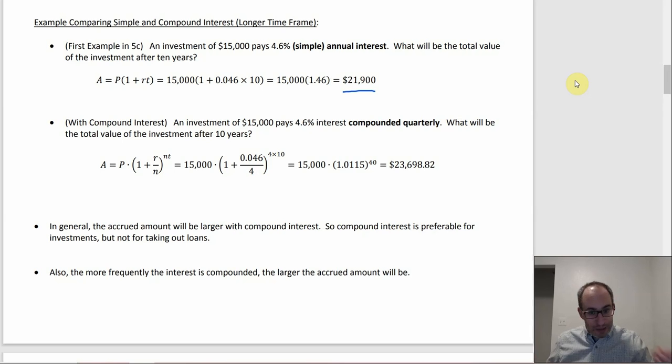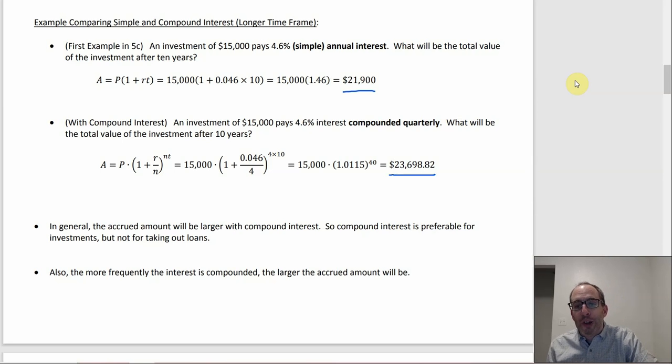So 4 times a year, 10 years, that's 40 times. And look at what happens if you sub in. So now n is 4. So then I'm going to have 1 plus 0.046 divided by 4 raised to the 40th power. And what's in the parentheses will simplify to 1.0115. You raise that to the 40th power, you multiply by 15,000.